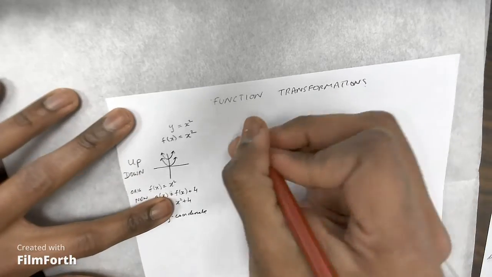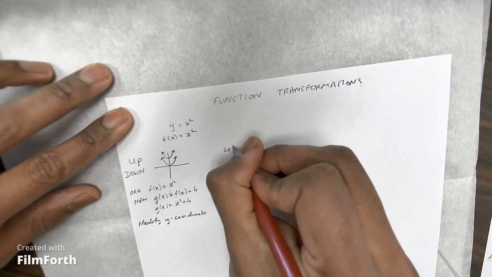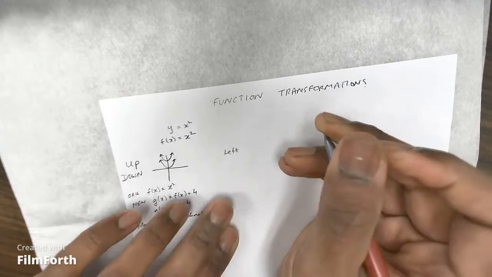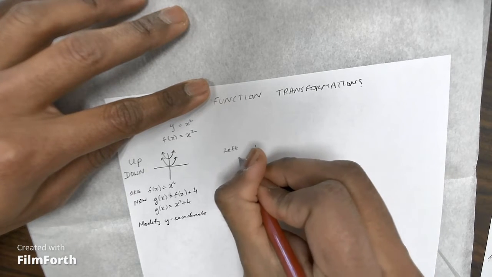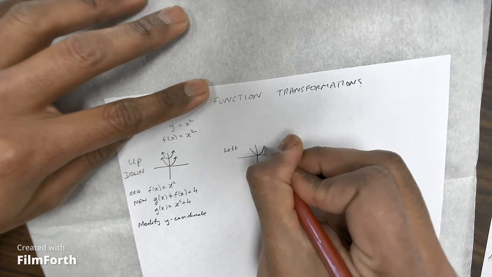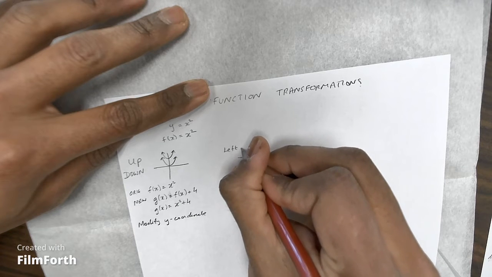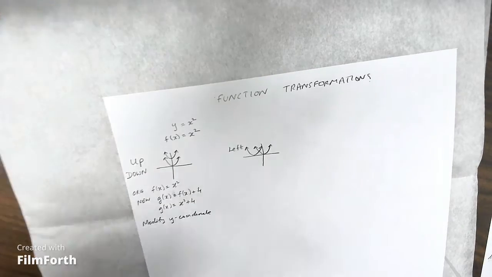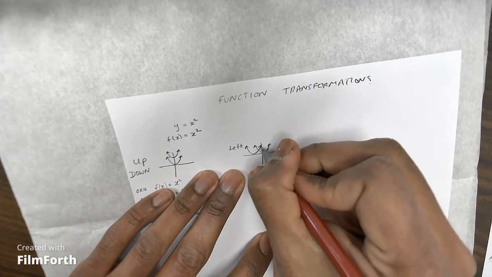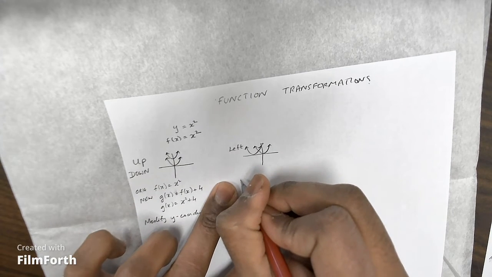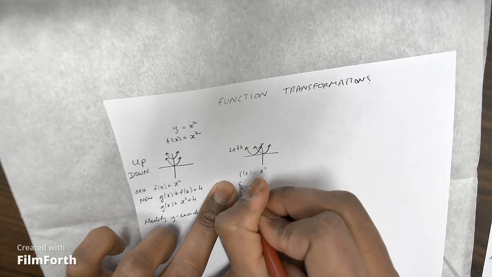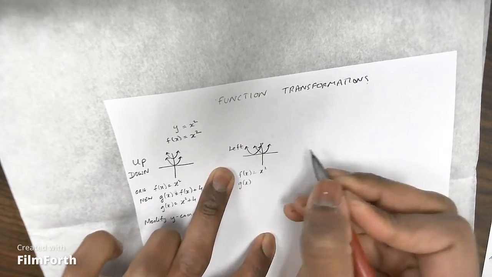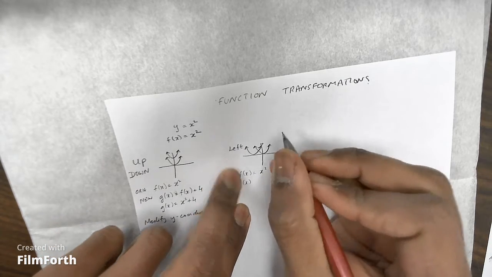Now suppose we want to move left and right. So left or right. Let's start with left first. If I want to move the function left, I have a function, and now the new function is somewhere there. For f of x is x squared, the new function g of x, when we're moving left or right, we're affecting the x-coordinate. Why?